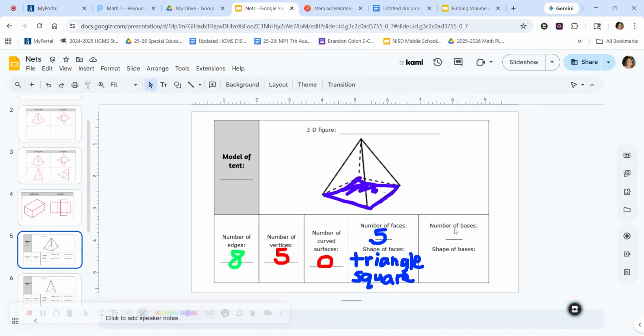It has one base, and the shape of that base is a square. So this shape, this 3D figure, is a pyramid. Because it has one base, that's what makes it a pyramid.